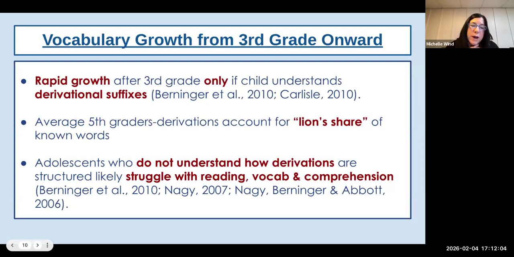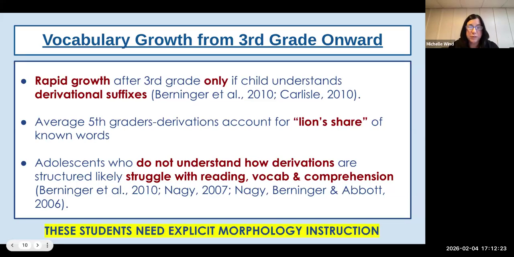Just to give us some background knowledge, vocabulary after 3rd grade, students really need to have morphological units to really read a lot of the text at those upper levels. If they don't understand the word parts in words, they're really going to be disadvantaged when it comes to vocabulary and comprehension.